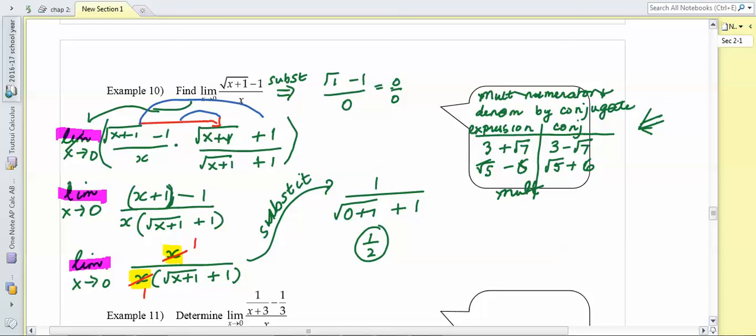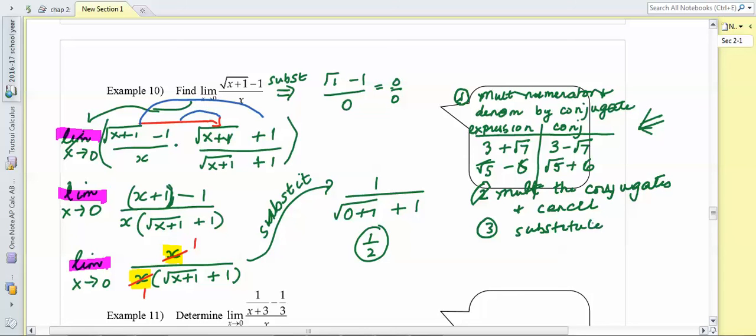My pen is giving a lot of trouble. 2, multiply the conjugates, and cancel. Hopefully you'll find a term that you can cancel, and then you can substitute.